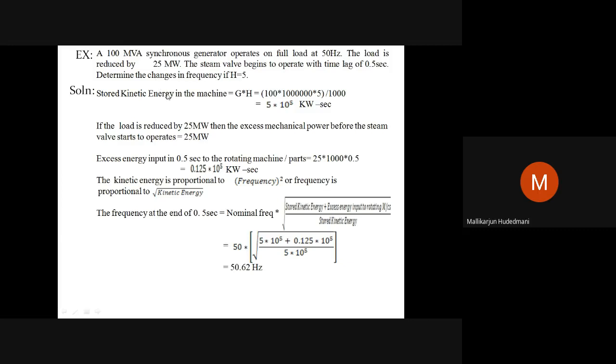Till 0.5 second, the energy you are generating is 100 MVA only. Then the extra energy floating in the machines is 25 megawatt. Then where will it go? It is stored as kinetic energy in the rotating machines. How that kinetic energy in the rotating machines affects the frequency of the interconnected system, that is the gist of this problem.